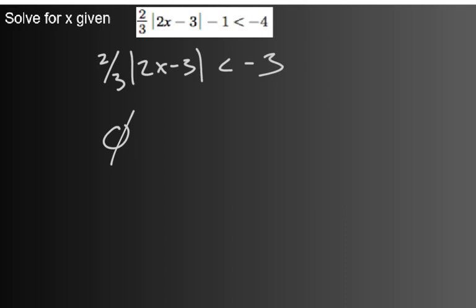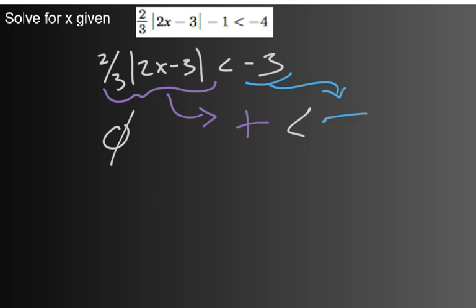The idea is like this part over here, definitely a positive number, right? And you've got a less than a negative number, right? And that's impossible. You can't have any positive number be less than a negative. The reason this part over here is positive again is just that absolute value measures distances, so it has to be positive.